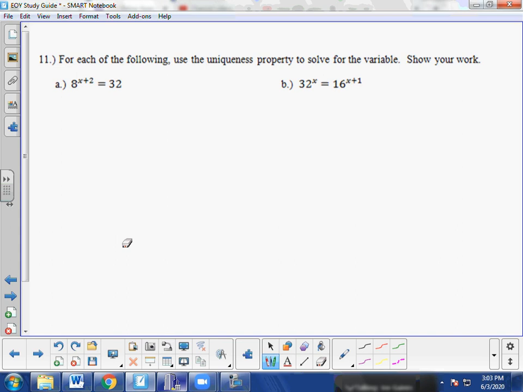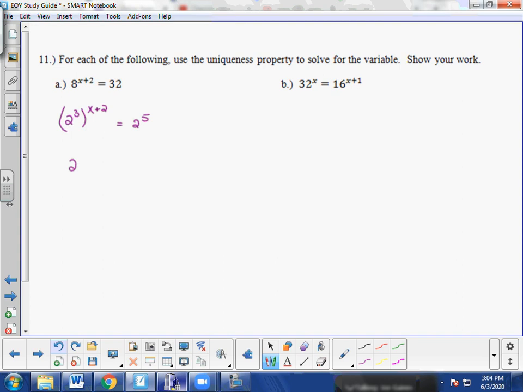What I can do here is rewrite 8 as 2 to the third power. Why this is helpful is I can also rewrite 32 as 2 to a power. This would be 2 to the fifth power. So I can simplify this expression. Remember, when taking the power of a power, we multiply exponents.